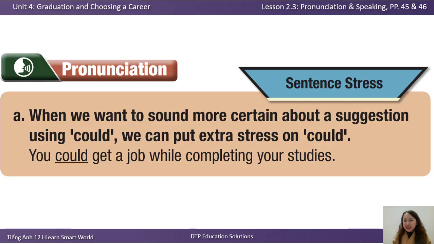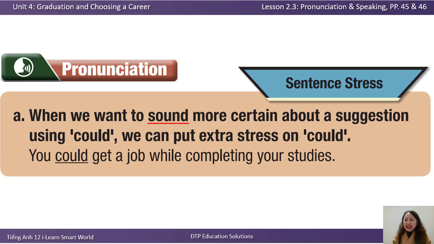When we give a suggestion, prediction, or advice using could, emphasizing the word could makes us sound more confident and sure about what we are saying. For example, you could get a good job. Here, the word could is stressed to highlight possibility.